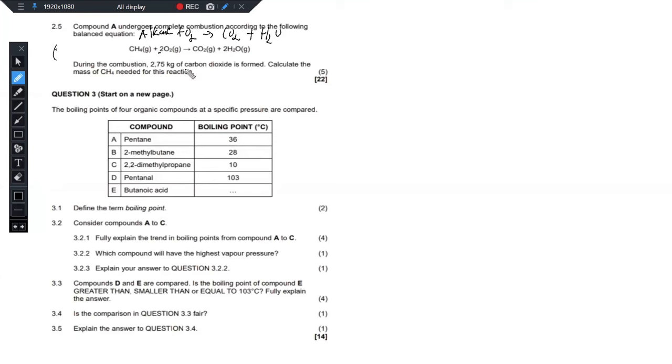Then during the combustion, 2.75 kilogram, right? Note this. In Gauteng paper 1, you were given your mass in grams, which you needed to convert to kilograms, because this is what you need to understand. When it comes to paper 1 physics, your mass should always be in kg. So if they give you grams, you convert to kg by dividing by 1000.